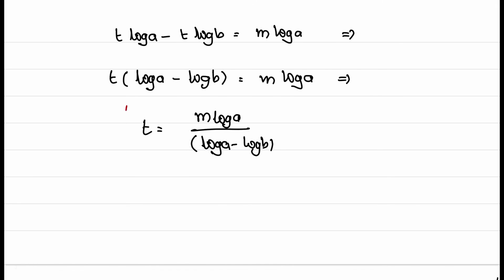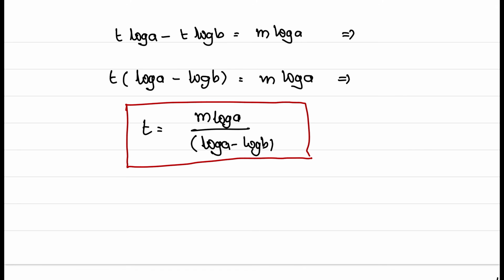This is the answer. On the basis of the values given for m, a and b, we can simplify this answer and even put it in rational number form or irrational number form.